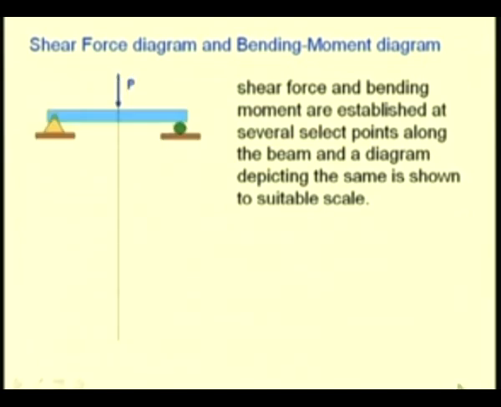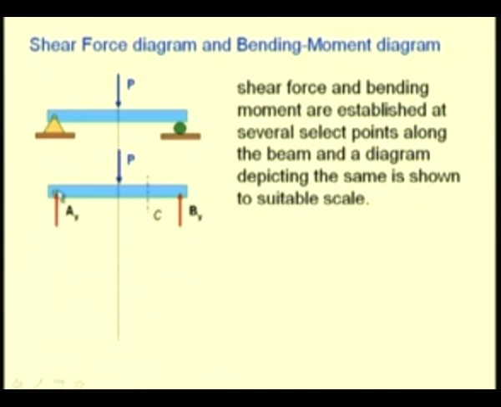Let us take for discussion an example. Here you see a beam which is pinned at one end and supported by a roller at another end, and we have, say, one concentrated load P. First, in order to construct the diagram, we determine the support reactions. To do that, we construct the free body diagram, and at A we have a pin connection.